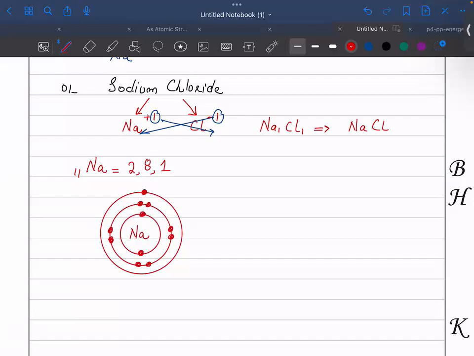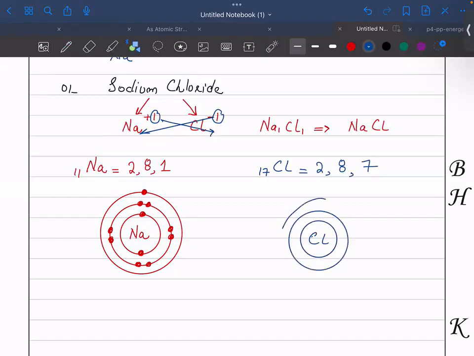But sodium right now is not stable because it has 1 electron in its valence shell. Chlorine, on the other hand, has an atomic number of 17. It means it has 17 electrons. The electronic configuration or electronic structure is 2, 8, 7. तो क्लोरीन के पास भी 3 नंबर ऑफ शेल्स हैं. अच्छा, क्लोरीन के इलेक्ट्रॉन हम क्रॉस से बनाएंगे. तो first shell has 2 electrons.